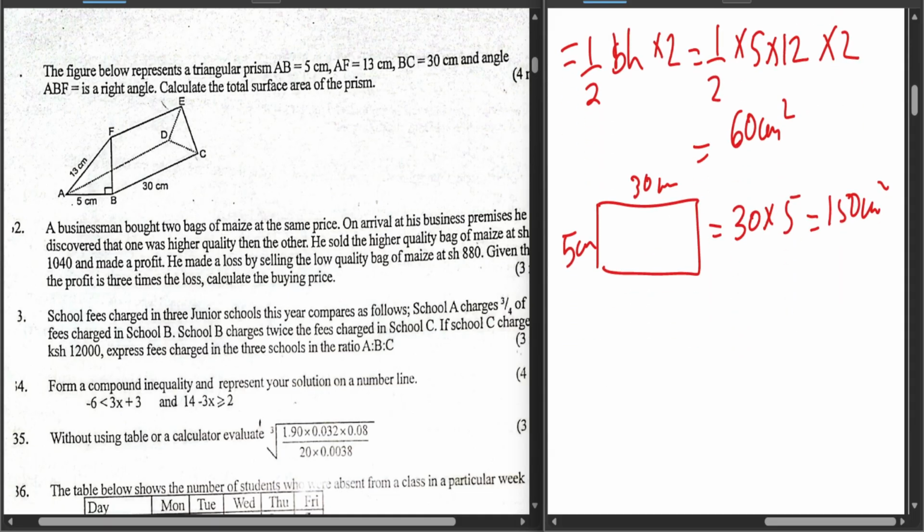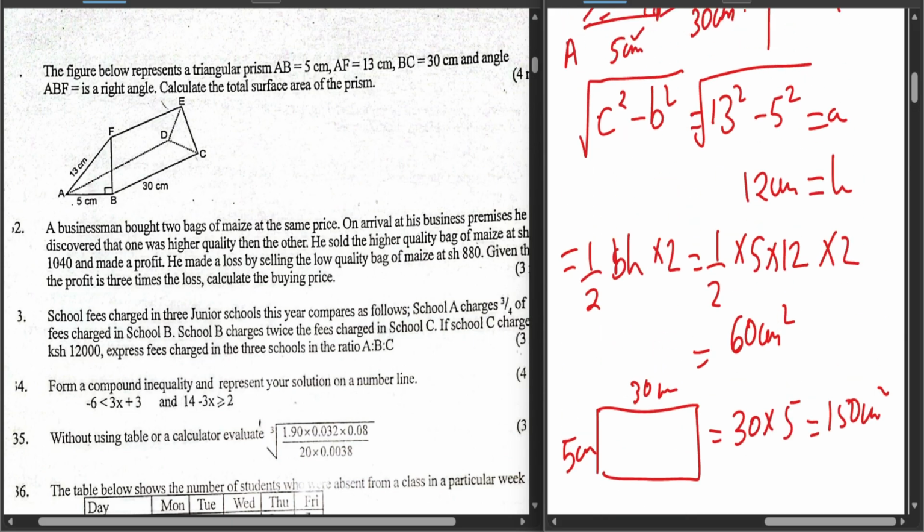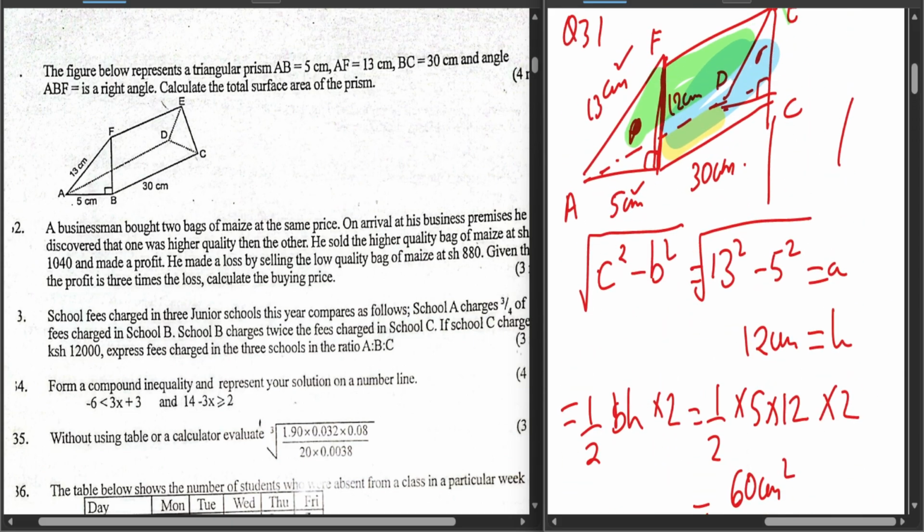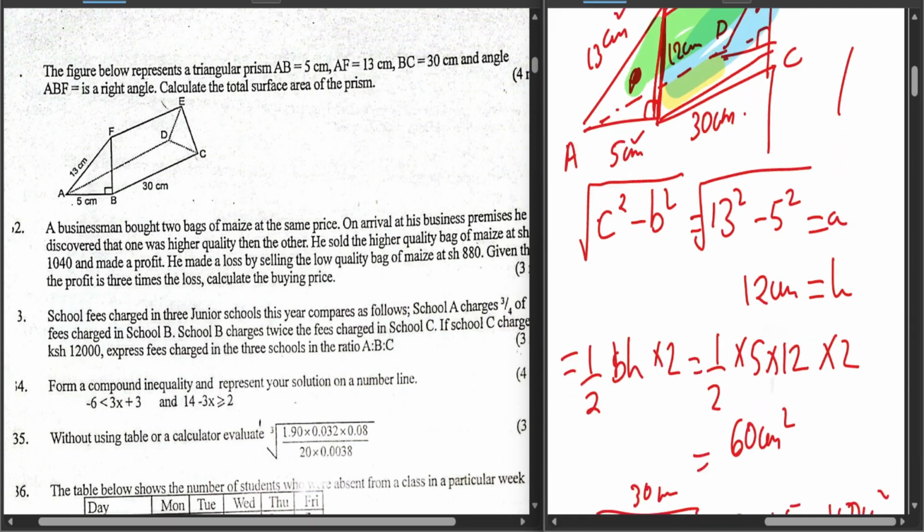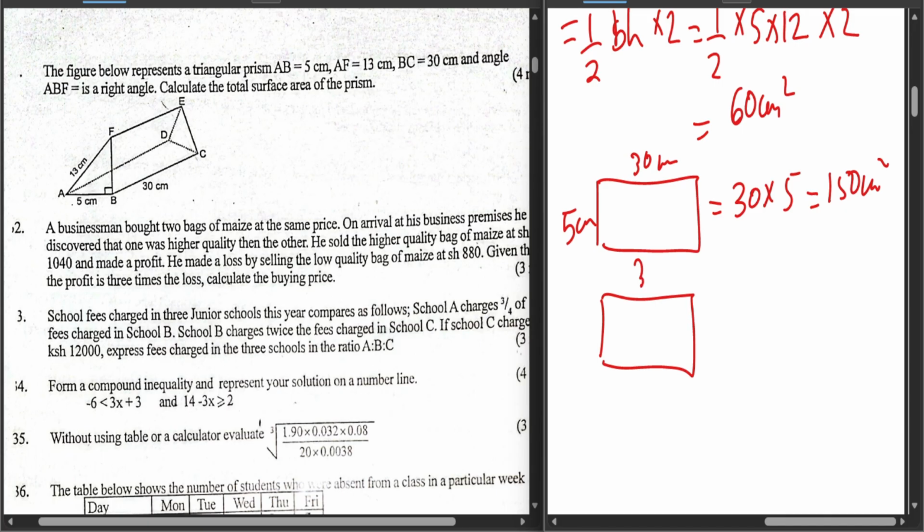For the second rectangle, which is on the side, a length of 30 and a base of 12. So 30 times 12 gives you 360.